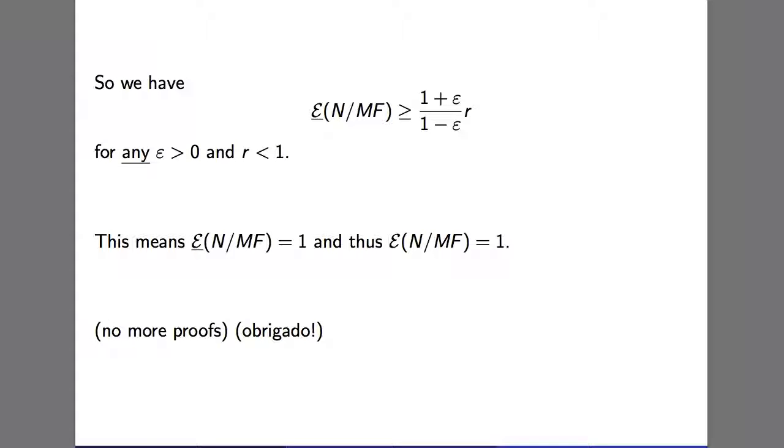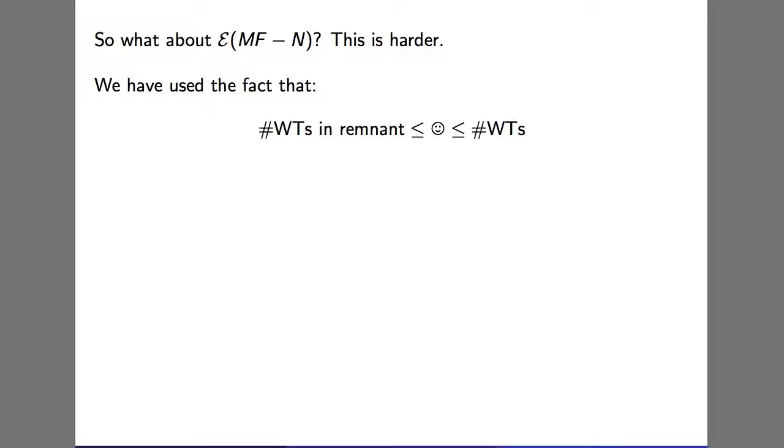Maybe I'll just return to this for a moment. So the ratio, you can actually show the ratio is expected to be 1 for each n. What about this one? This is harder, like I said before. Why is it harder? We use this fact: the Nielsen number, or the minimum number, must both be stuck between these two values.